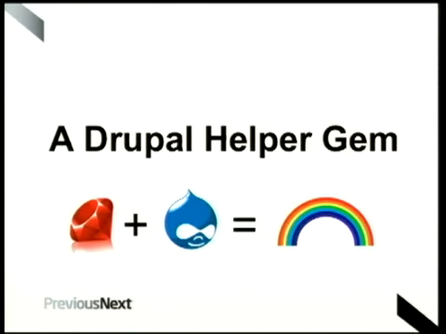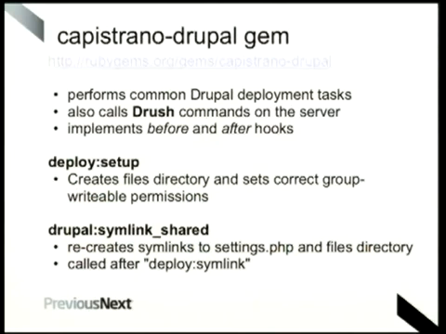So what does the Capistrano Drupal gem do for us? Okay, so the Capistrano Drupal gem is something I wrote to basically just add in all of the hooks that we needed in order to deploy a Drupal site. So by default, Capistrano doesn't know about Drupal, doesn't know about backing up the database, so it doesn't know about flushing caches.